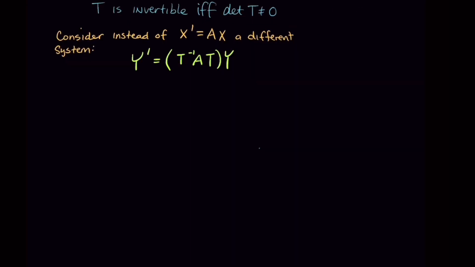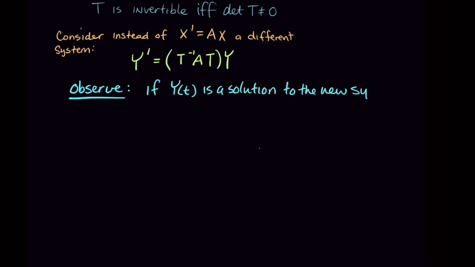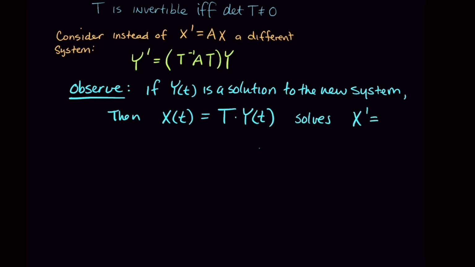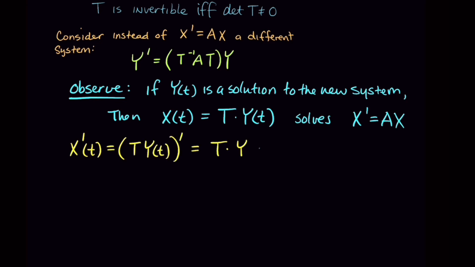Now, why would this combination of matrices work in our favor? Well, let's first observe that if y of t is a solution to this new system of equations, then x of t equal to our map T times the solution y solves our differential equation x prime equals Ax. Just to show this, we'll do a little substitution.